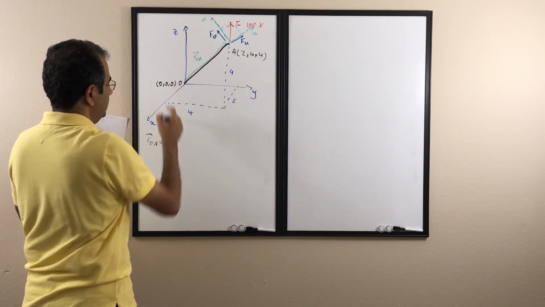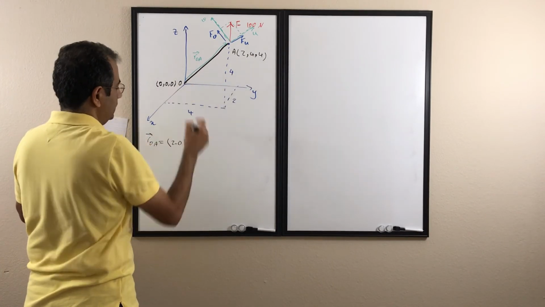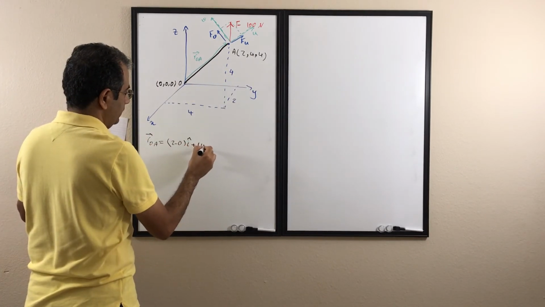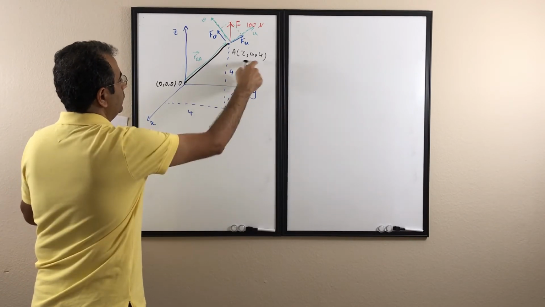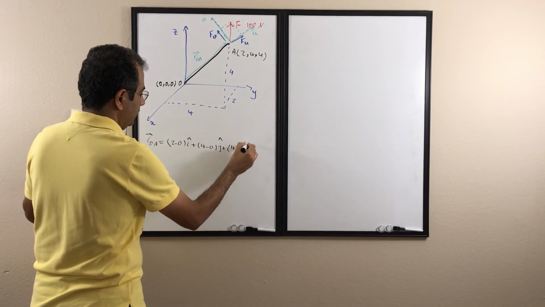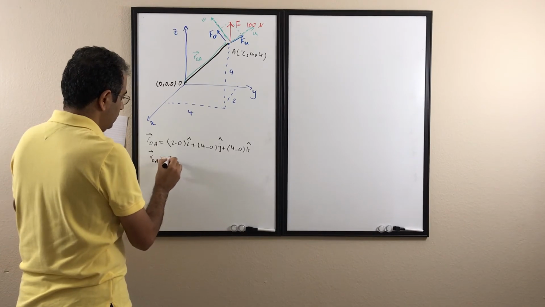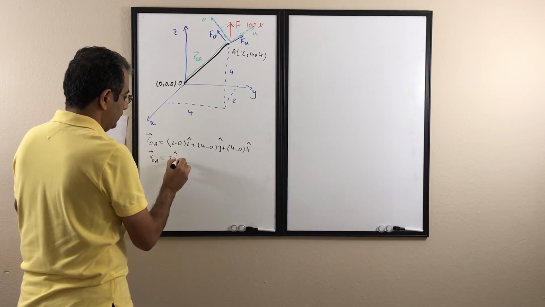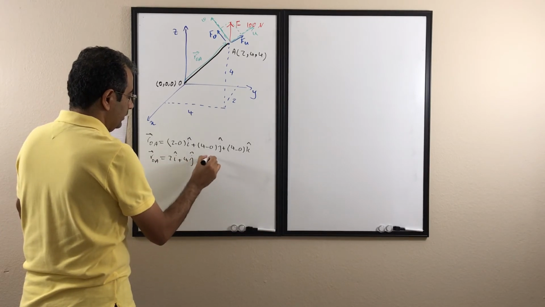So it's going to be 2 minus 0 I, 4 minus 0 J, and 4 minus 0 K, which simplified is 2I plus 4J plus 4K.